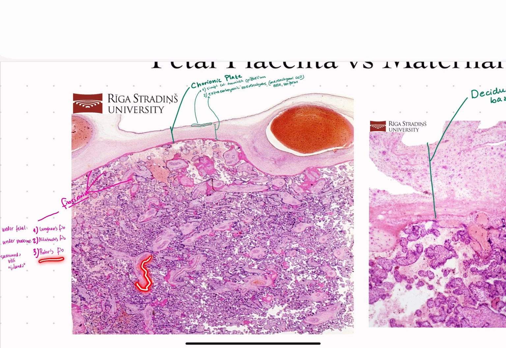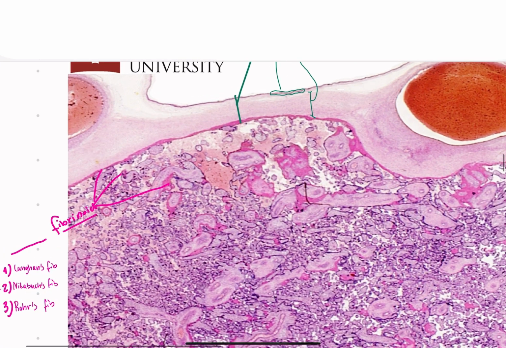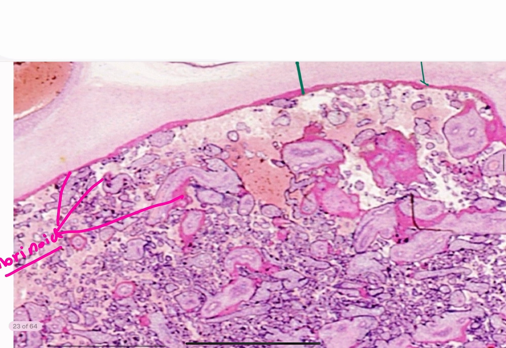Another important thing about the fibrinoid is that a lot of students make the mistake of assuming that this is also fibrinoid. I would like you to see the difference in color between this and this.